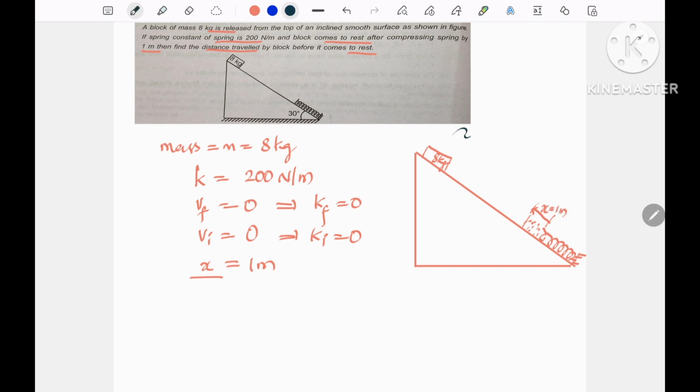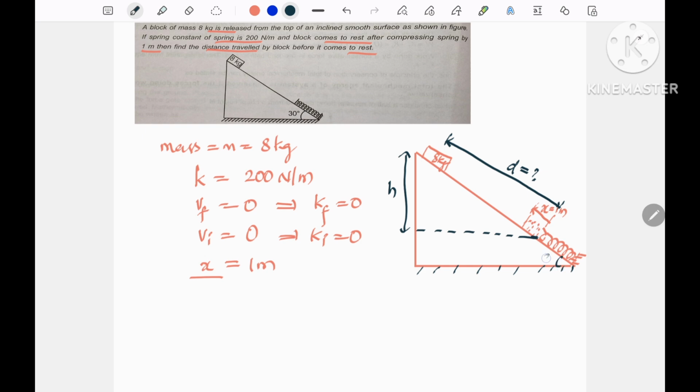Now we need to find the distance travelled by the block up to here. Let's say this is d. Finally the position of the spring is here, so this is the height from here to here. We need to find the distance travelled by the block before it comes to rest.